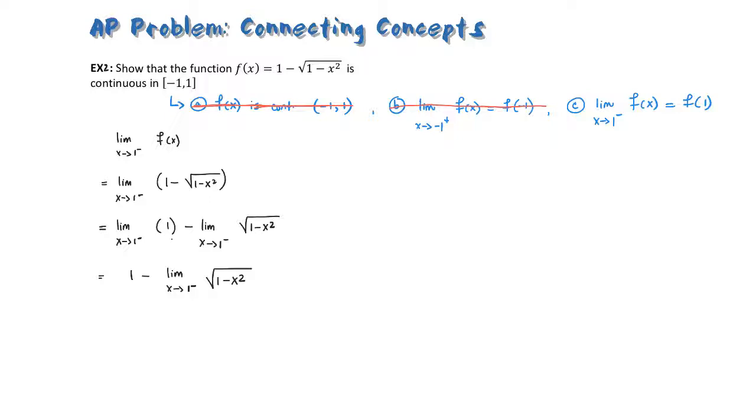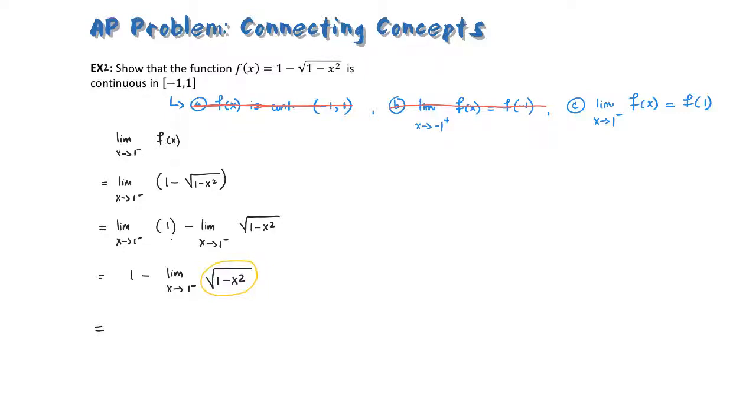And what I have to do now is to argue that the radical function is left continuous. In order to do that, I quickly do a mental check by substituting 1 into the variable. I want to make sure that when I do that substitution, the radical is perfectly defined. And that's exactly what I get. I get the square root of 0 again. The square root of 0 is equal to 0, so there's nothing problematic about that.